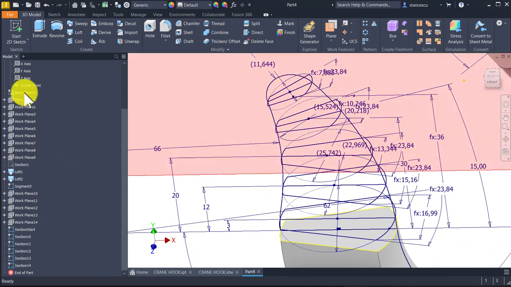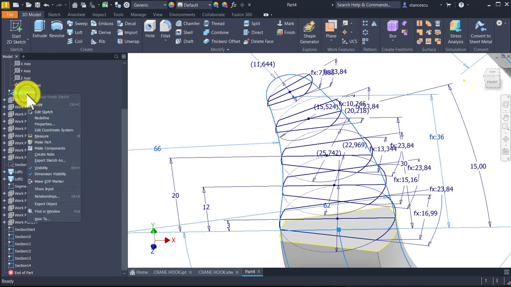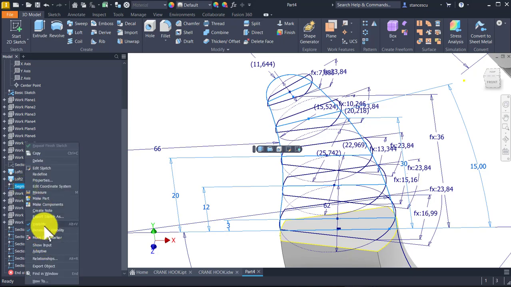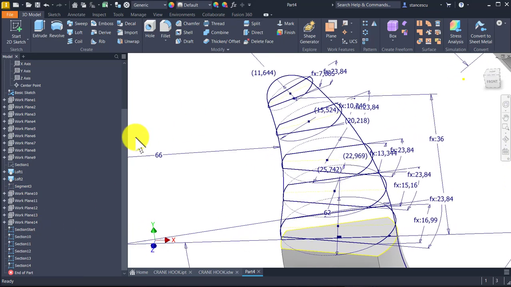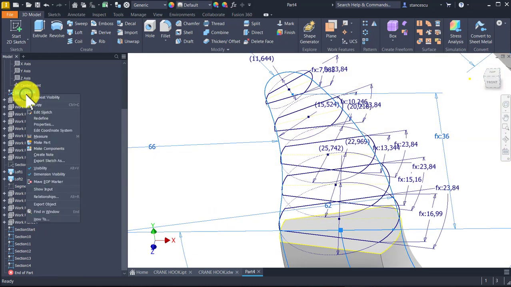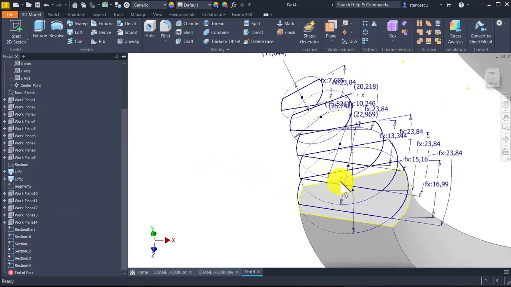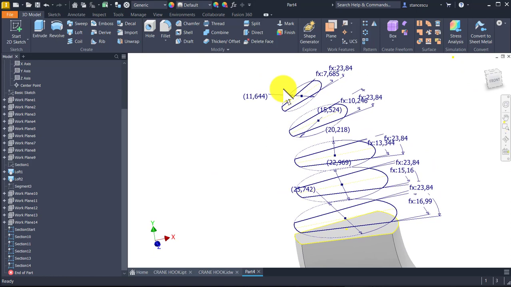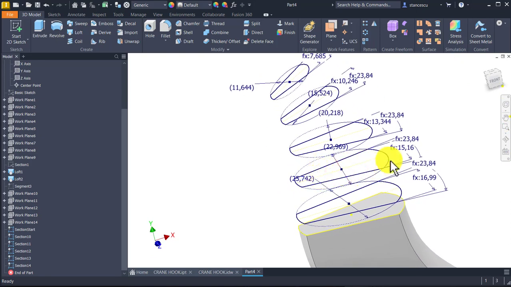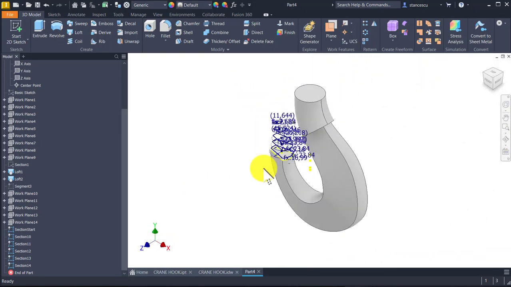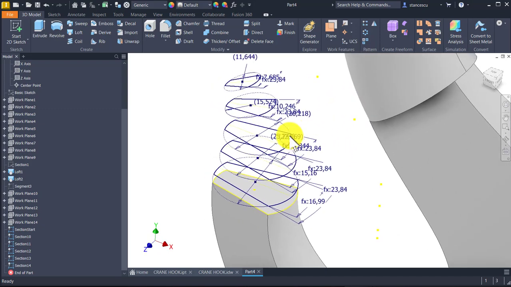I will hide both this sketch, basic sketch, which is hidden, and segment 3 sketch. And also basic sketch visibility. We have to use only sections with only one closed contour to apply loft, and eventually rail.